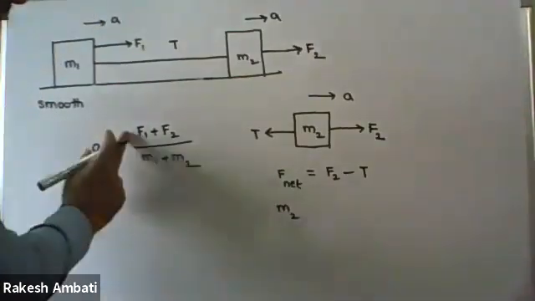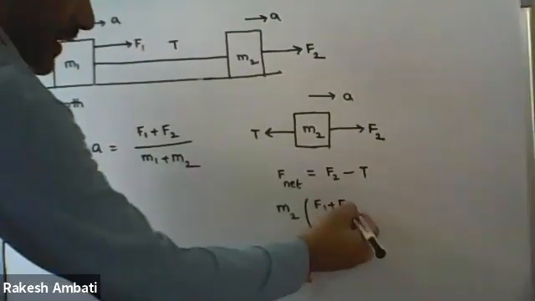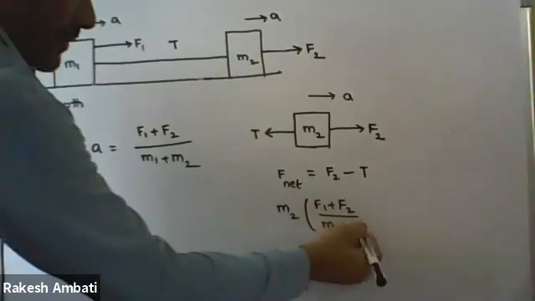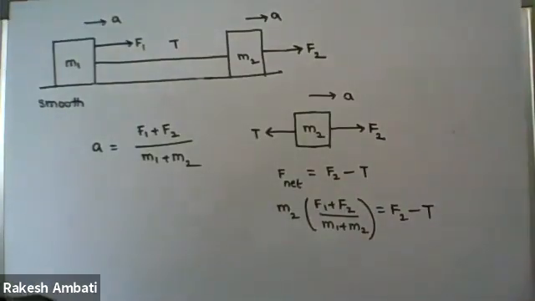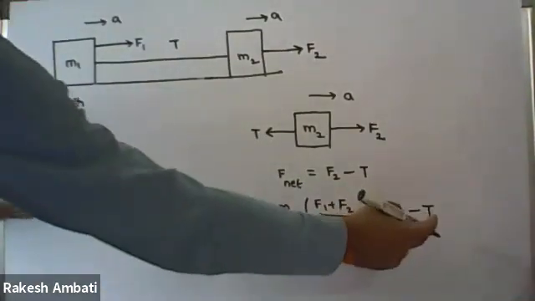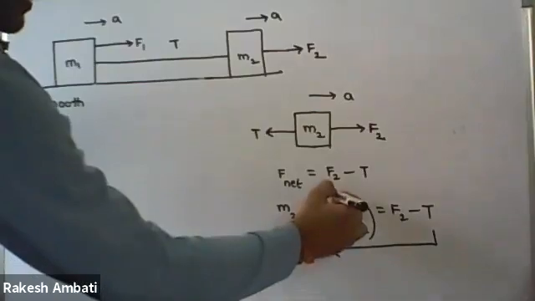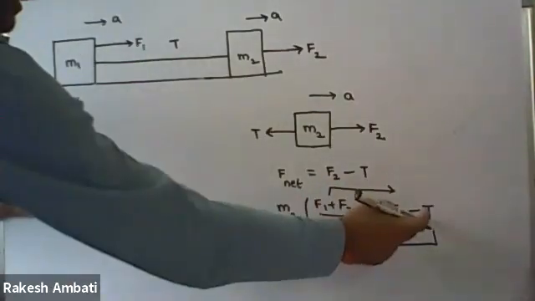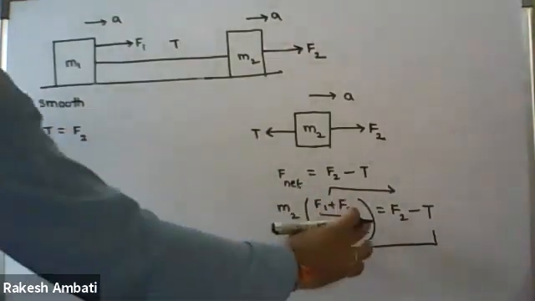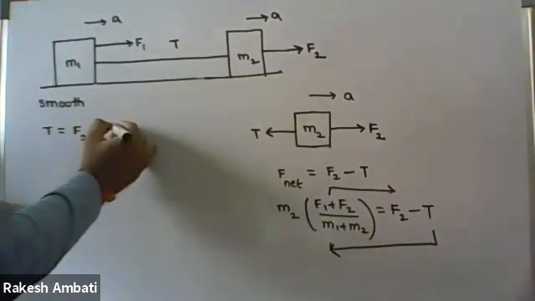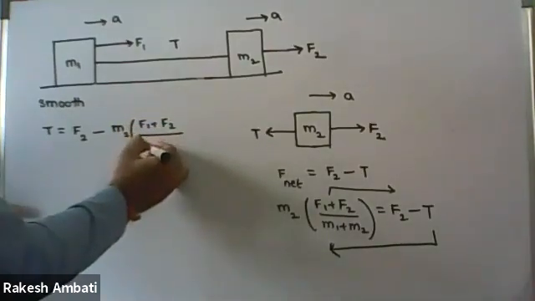So M2 times acceleration, and in place of acceleration we write (F1 plus F2) upon (M1 plus M2), equal to F2 minus T. We have to find the tension force T, so taking the negative term to the left side and the positive term to the right side, T equals F2 minus M2 times (F1 plus F2) upon (M1 plus M2).